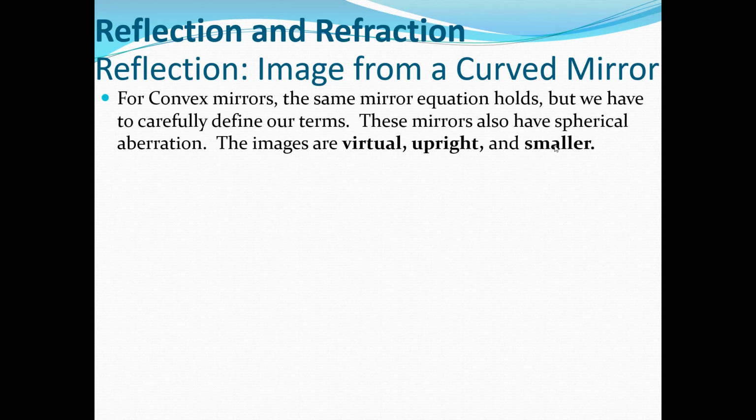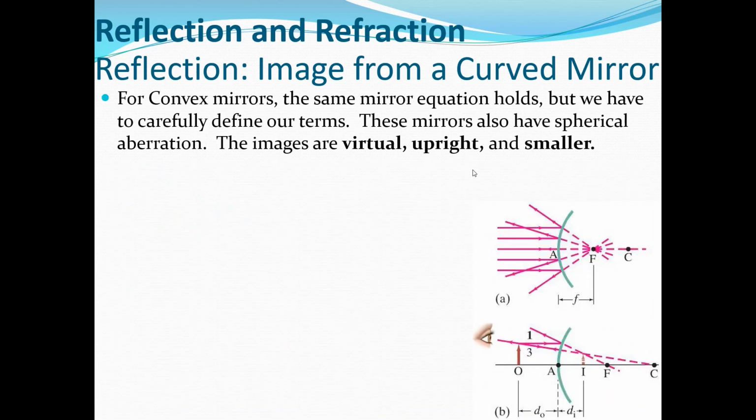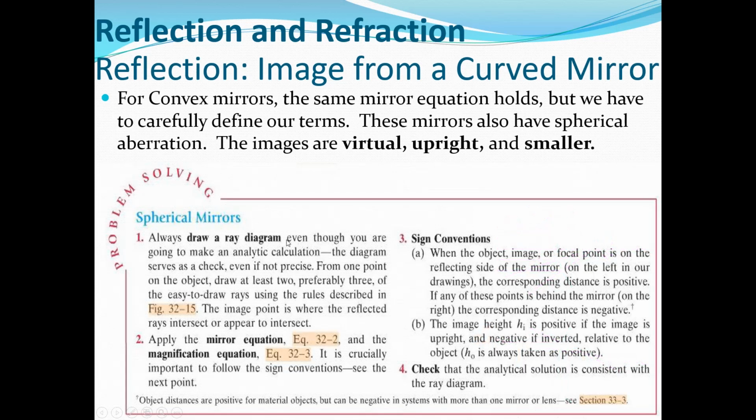So it's not always like this, but for diverging, no matter where you are along the line, the images that you're creating are going to be virtual, upright, and smaller. All right, I'll go through the diverging one later on, but these are just some problem solving tips that you want to go through.